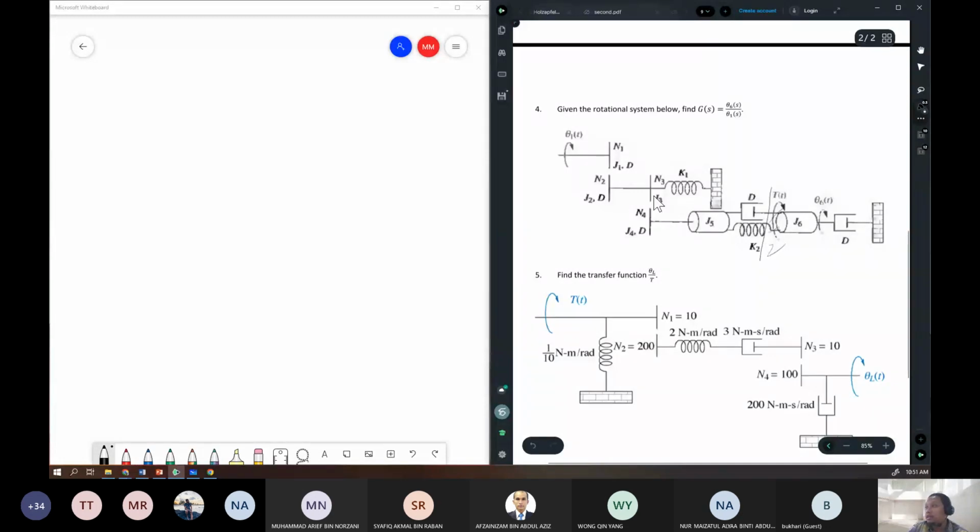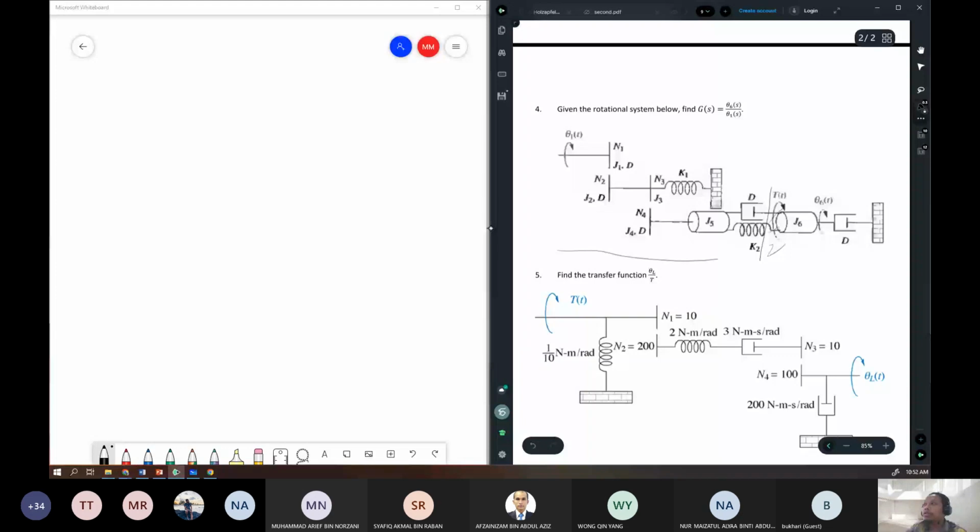So it affects J3, J2, J1. So meaning that if you fix J5, then this whole system after J5 until theta 1 here will be fixed, okay? Will not move. So this whole thing here is 1 degree of freedom.